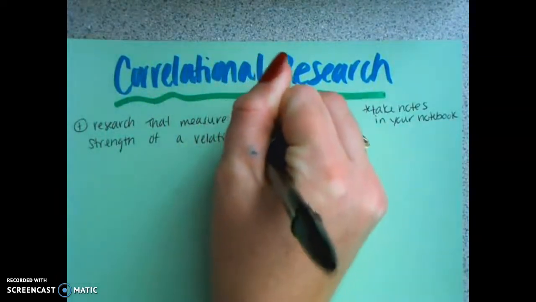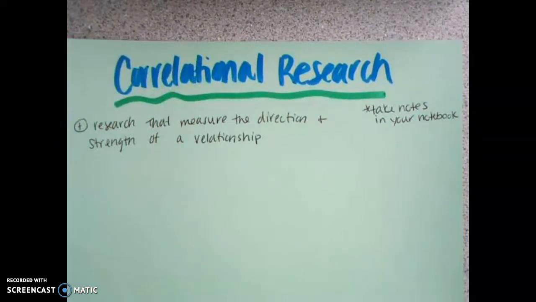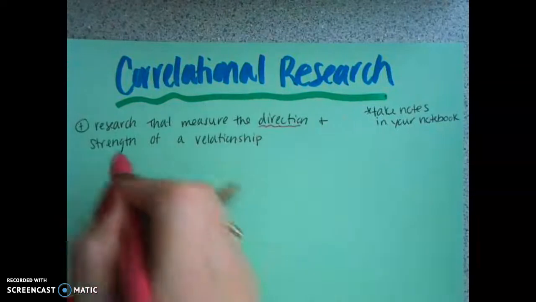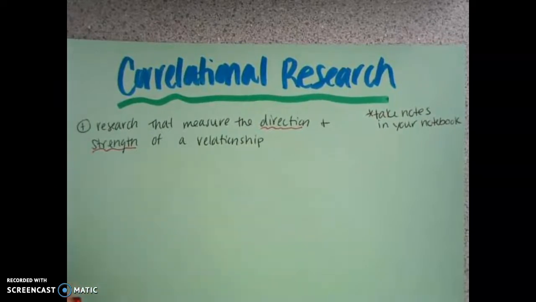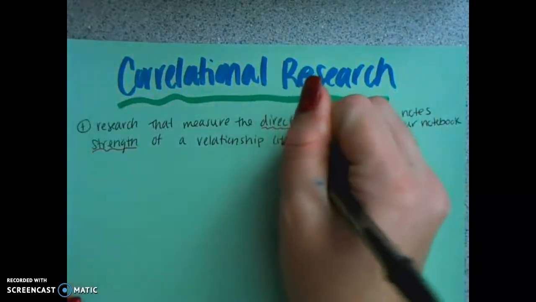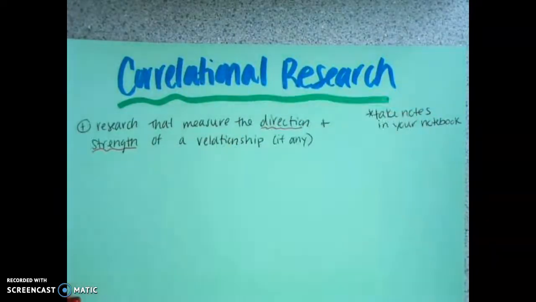So there's really two parts to that definition: the direction and the strength. I'm going to highlight direction and the strength of a relationship, and I'll explain how you talk about what the direction is and what the strength is. And we're talking about the direction and strength of a relationship if there is any, right? There might not actually be a relationship between two variables.